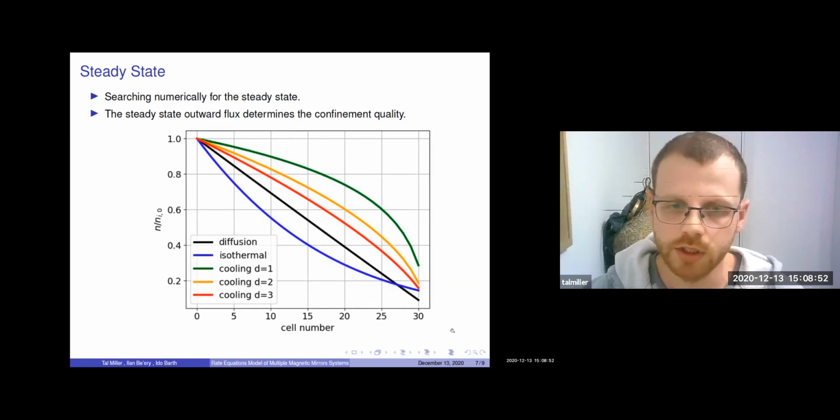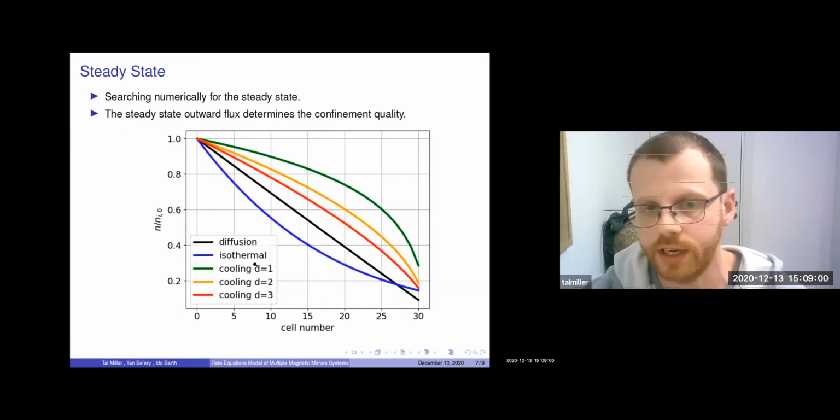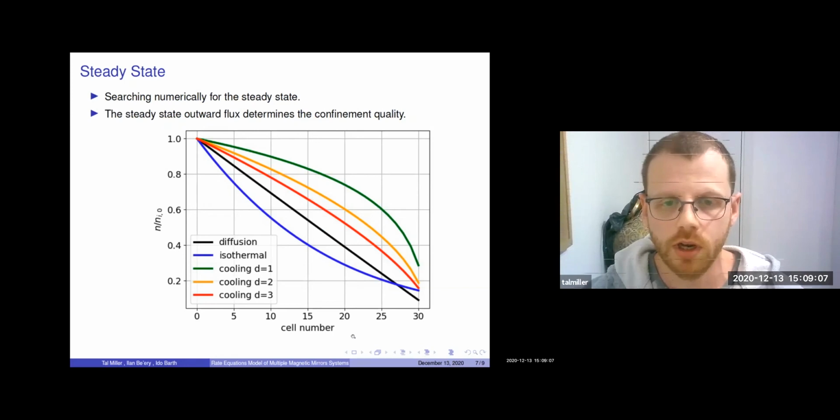In other assumptions, such as the isothermal assumption in blue, we get a nonlinear solution. And when we make several assumptions on a cooling scenario, we have 3 of them, we also get a nonlinear solution, and they look different. So these are signatures that could be tested experimentally.